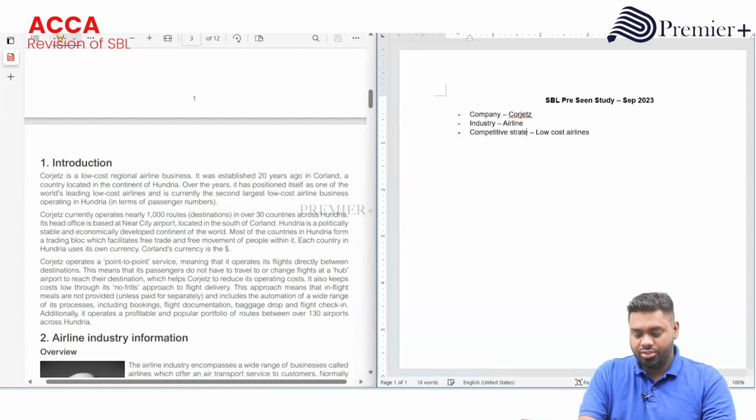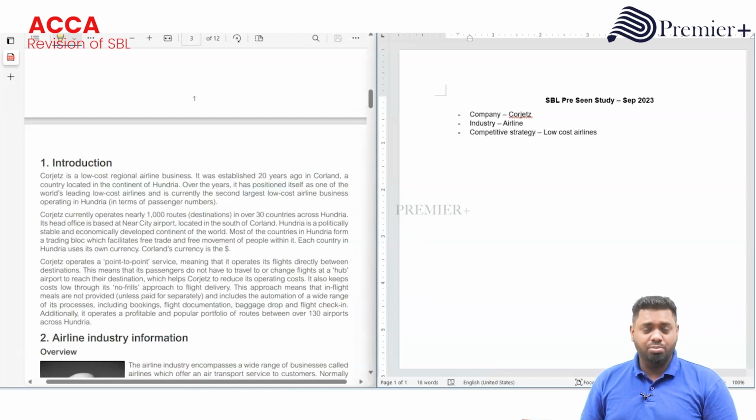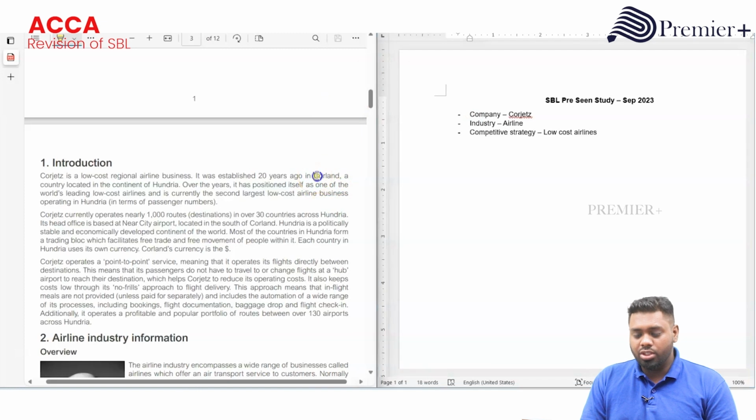The competitive strategy is on providing low cost airlines, not the business class, not the high end, but affordable, cheaper airline services.